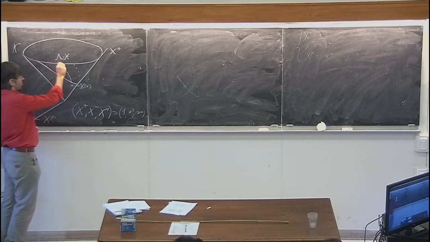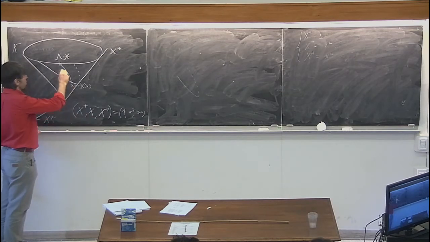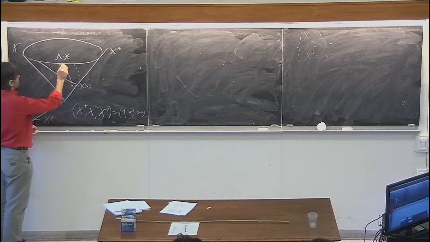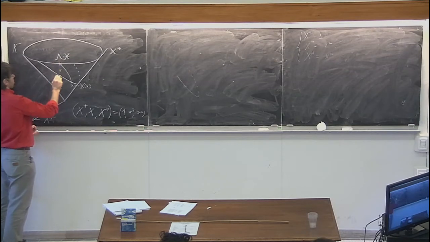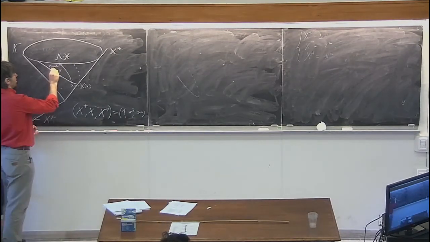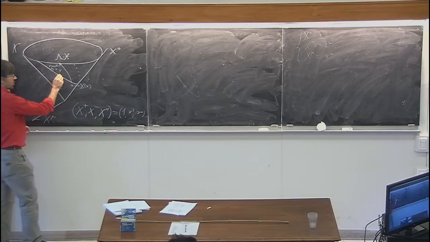Second step, since this transformation takes me out of this section, I have to apply a rescaling. Let me call it small lambda. So this point is going to be rescaled by an appropriate small lambda to get back into this section.